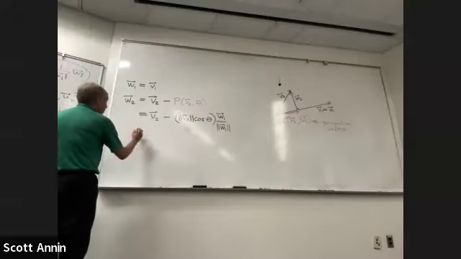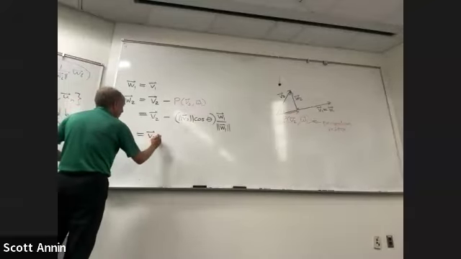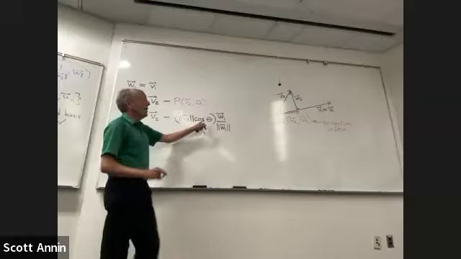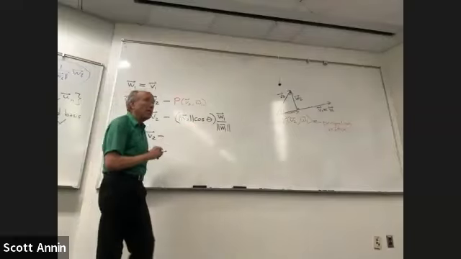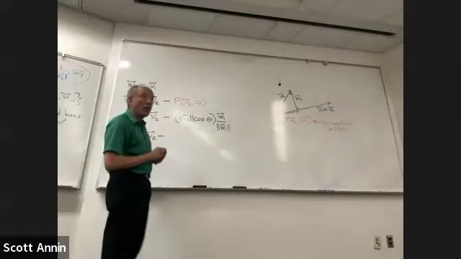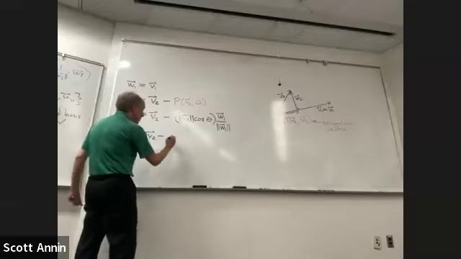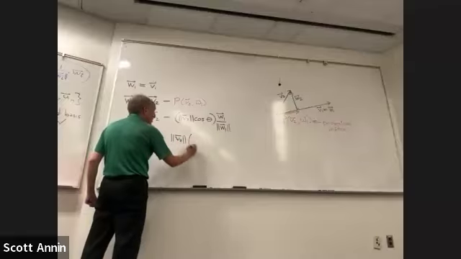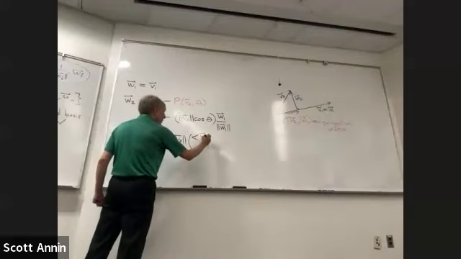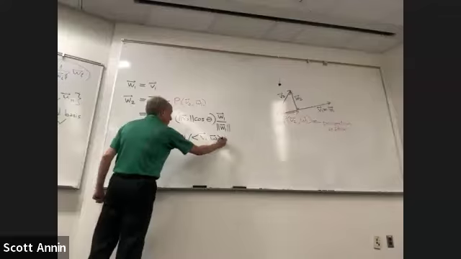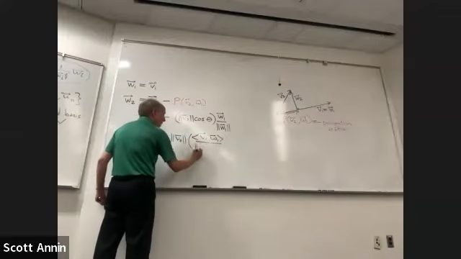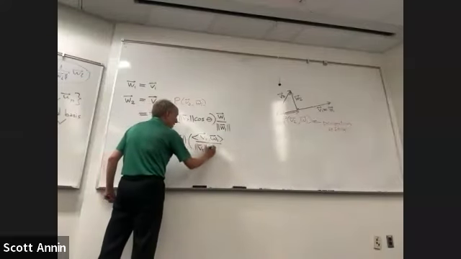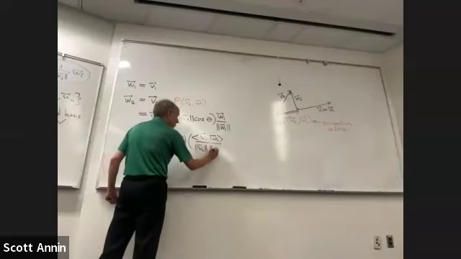Okay, but I'm going to go a little further. Here, guys. V2 minus, we don't want to have theta in our formula, but we have a formula for the cosine of theta, right? So let's just remember what it was. The cosine of theta, wasn't it the inner product of the two vectors, in this case V2 and W1, divided by the norms of the two vectors, which would be V2 and W1.